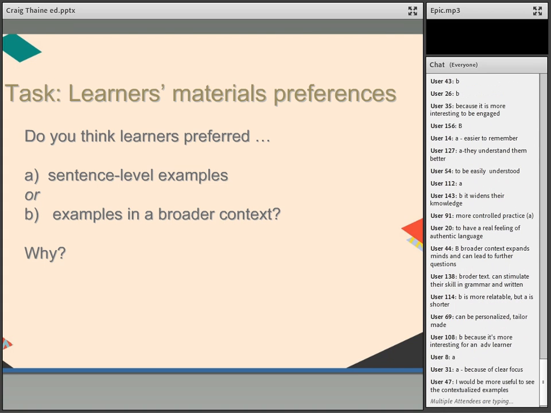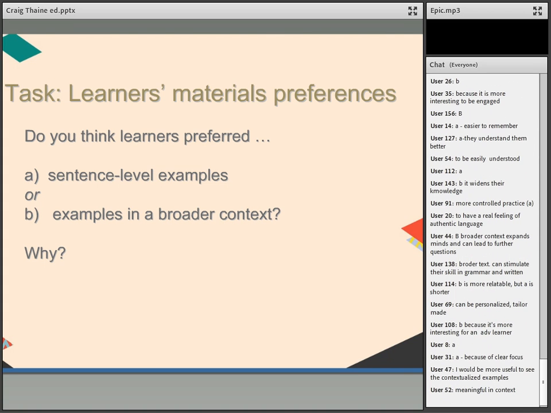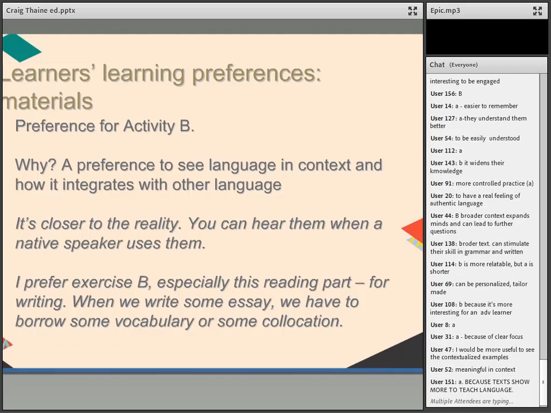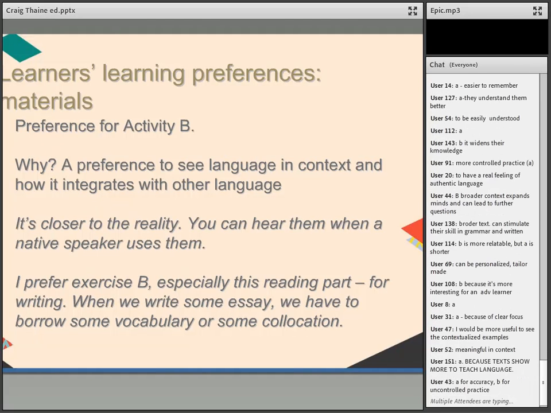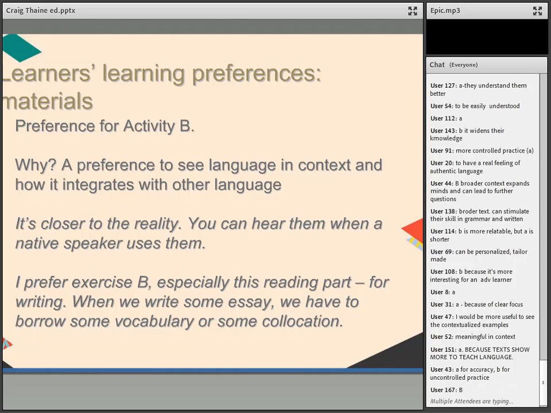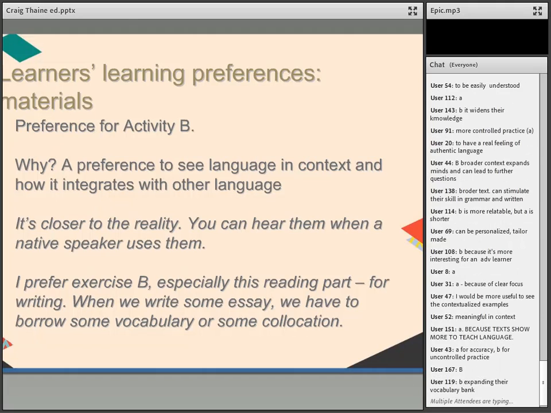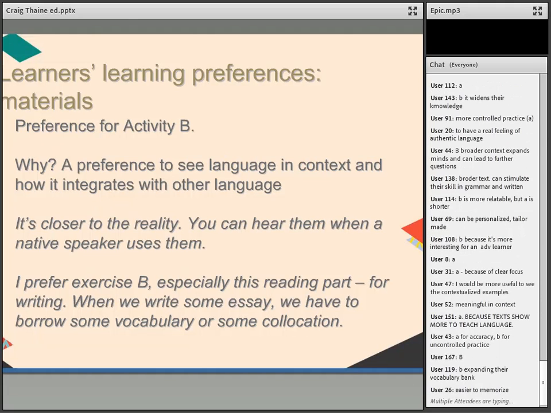So this is what my learners felt. I'm not saying this is how it is for all learners. This is what the 5 learners I spoke to felt. They preferred activity B. They preferred to see these language points in some kind of context. The reason why is because they wanted to see how that particular language, like idioms or the pronunciation or the grammar and writing, kind of fitted together with other bits of language.